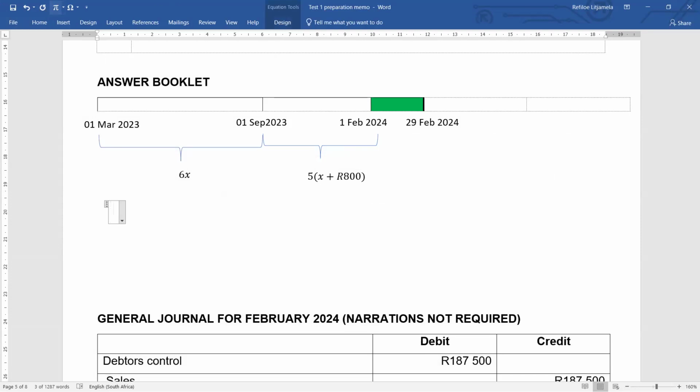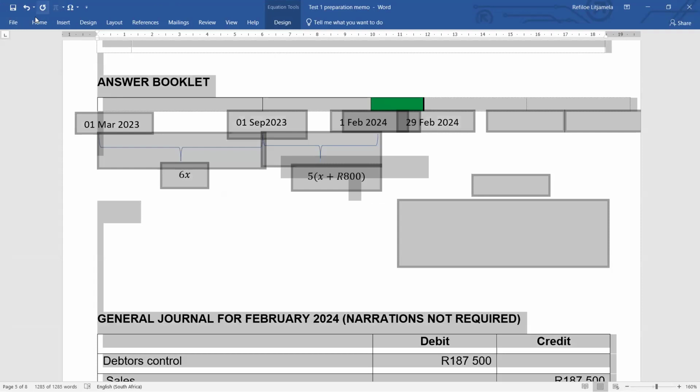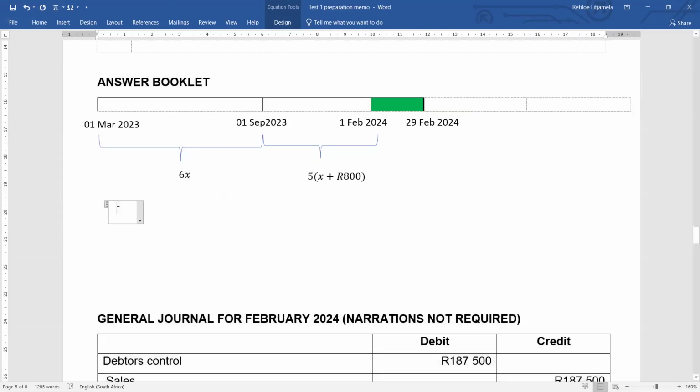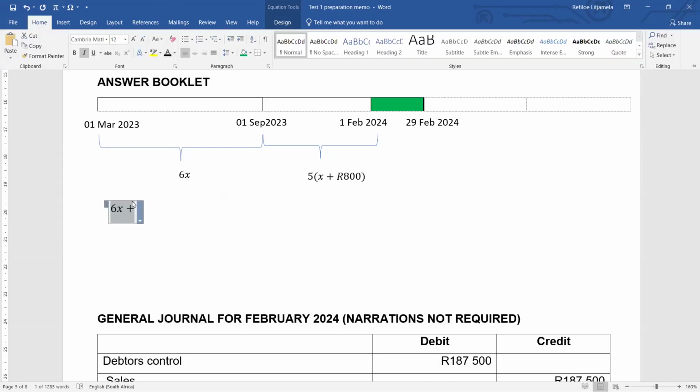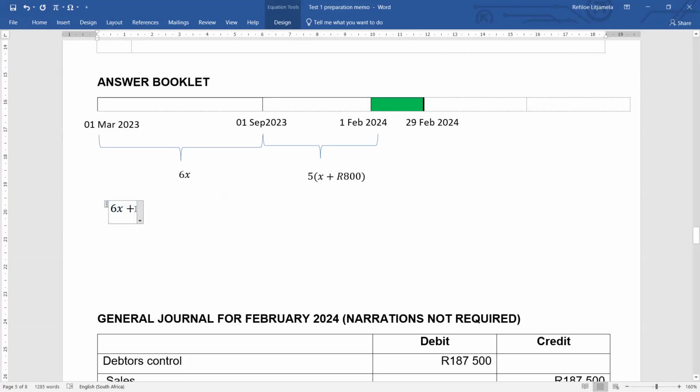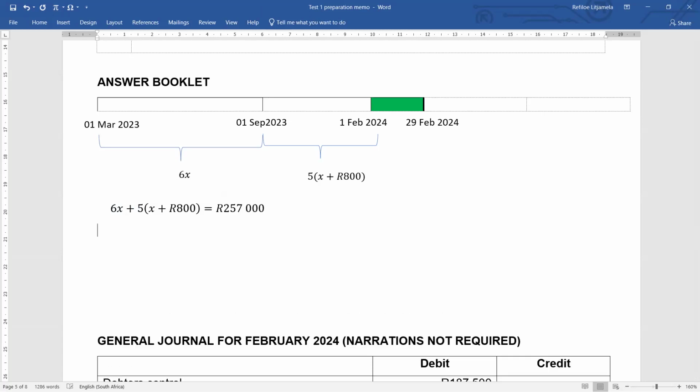So it's going to be 6x plus 5 into x plus 800. I prefer to write it in rand. And this will be equal to how much? 257,000.